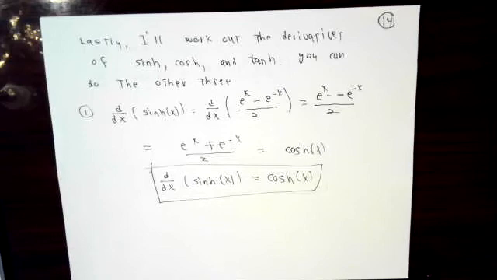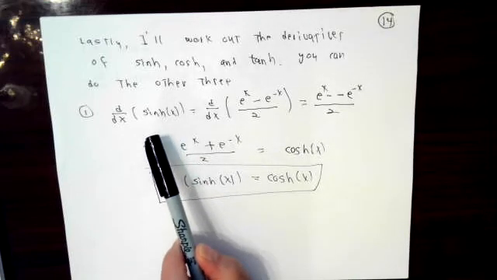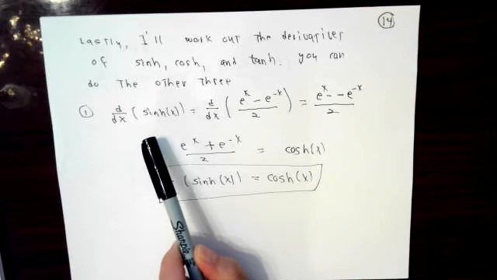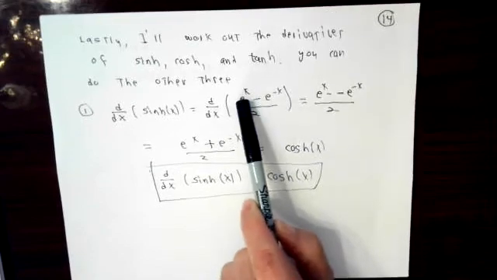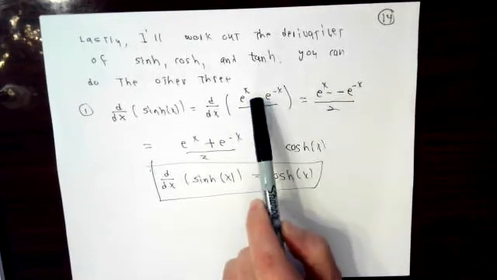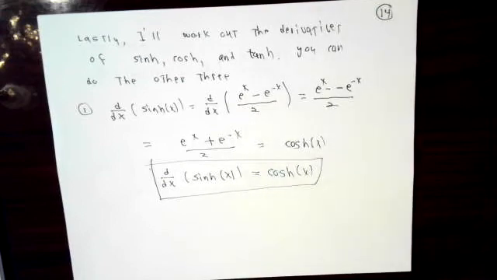Since we're doing calculus, we need to know derivatives and things like that. So the derivative of the hyperbolic sine, we'll calculate this using the definition of the hyperbolic sine. The derivative of e to the x is e to the x minus the derivative of e to the negative x, which is e to the negative x times negative 1 because of the chain rule.